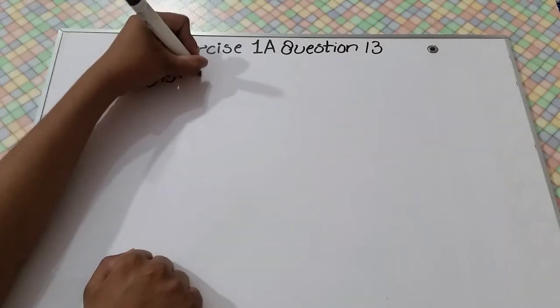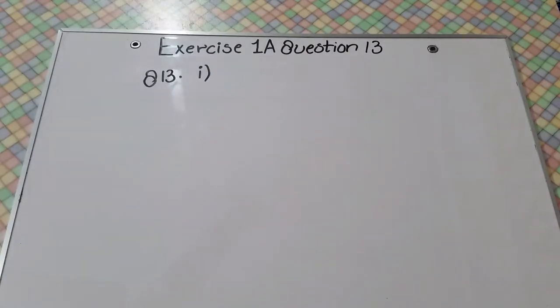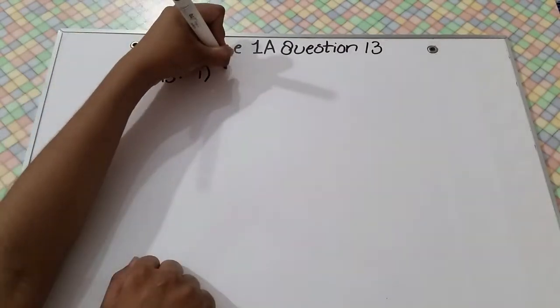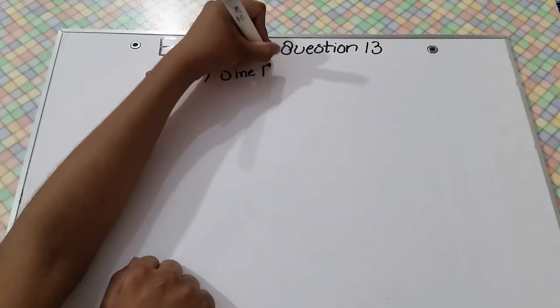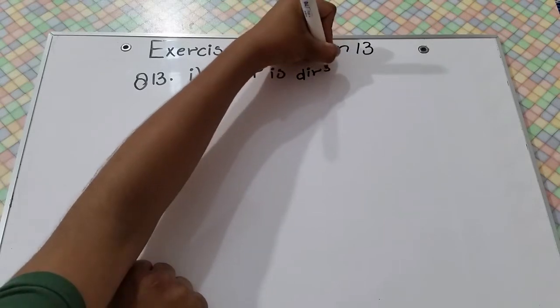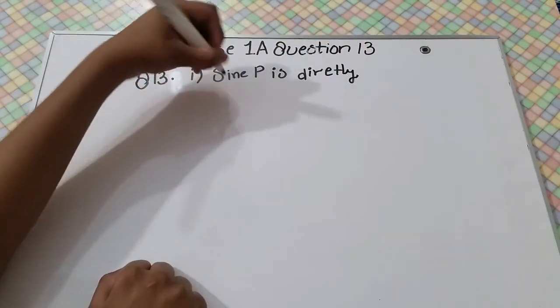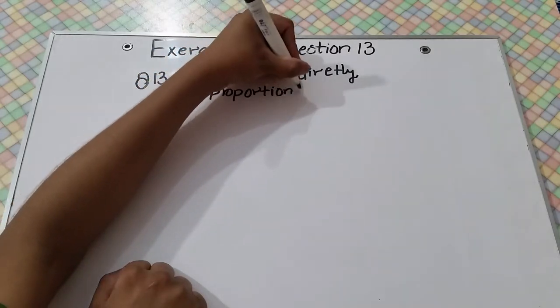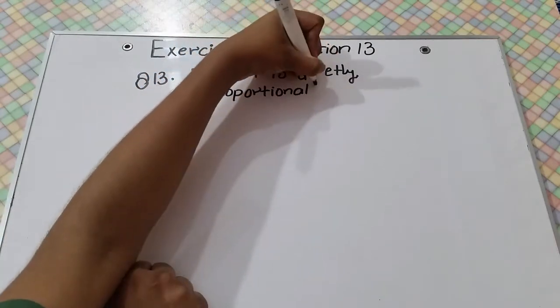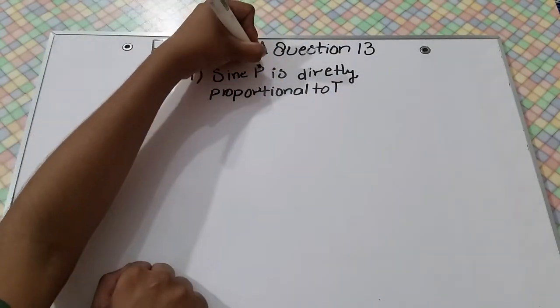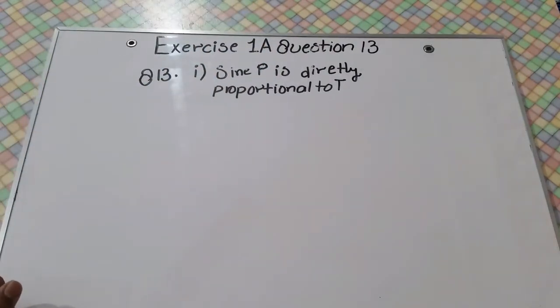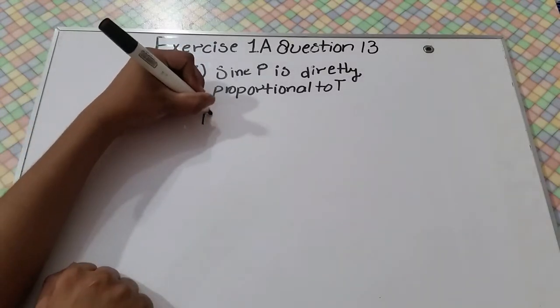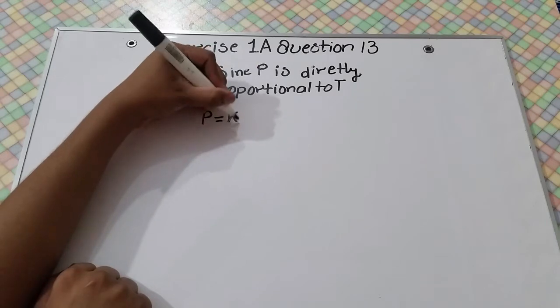We are going to solve part 1, in which it says find an equation connecting P and T. So first we're going to write, since P is directly proportional to T, now we are going to write the equation that will be P equals K, which is constant, times T.